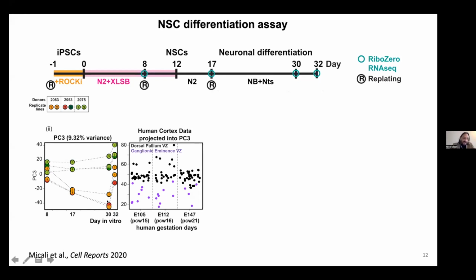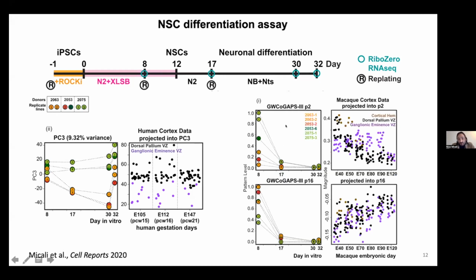Instead, the other three lines, in yellow, were biased to form ventral telencephalic neuronal lineages. And interestingly, at the beginning of this time course, at V8, early during this differentiation progression, the dorsal biased lines express genes characteristic of the cortical hem.